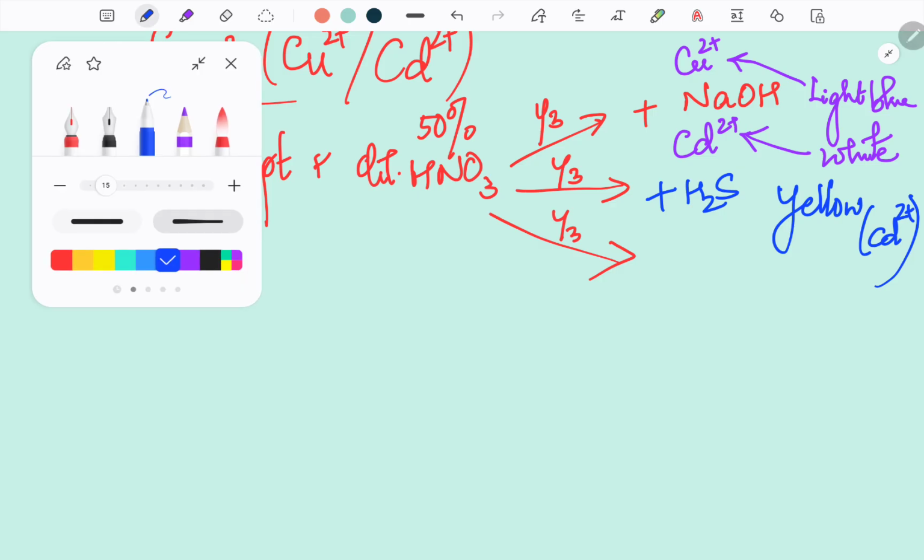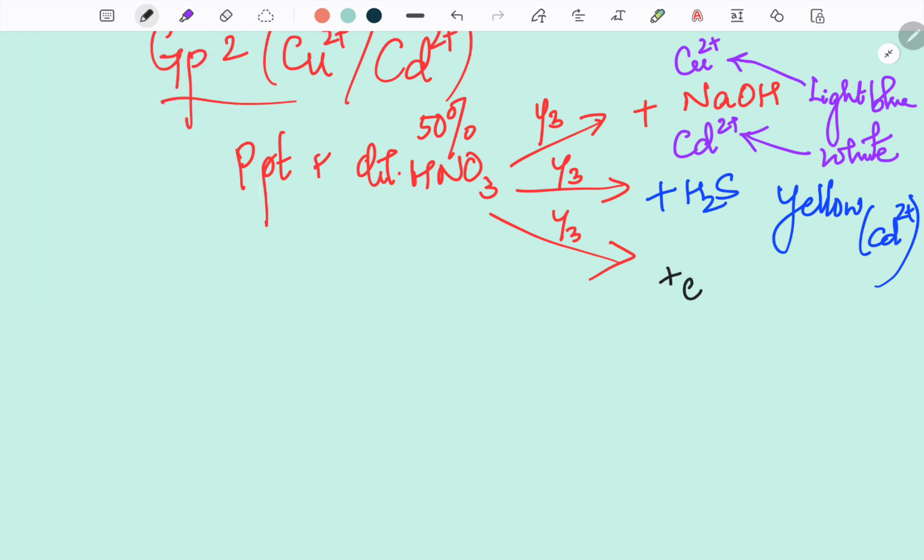The third confirmatory test is only for copper, not for cadmium, and this one is nothing but adding acetic acid, and also you need to add potassium ferrocyanide. Potassium ferrocyanide is K4[Fe(CN)6], and [Fe(CN)6] is a coordination entity. So potassium is acting as a counter ion, and this entire potassium ferrocyanide solution is actually a coordination compound.